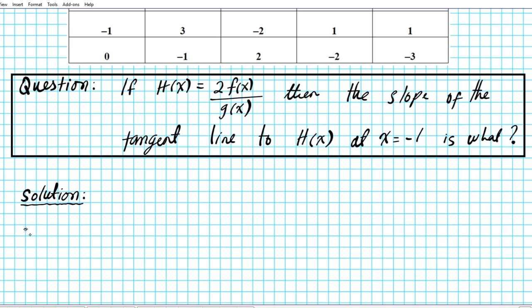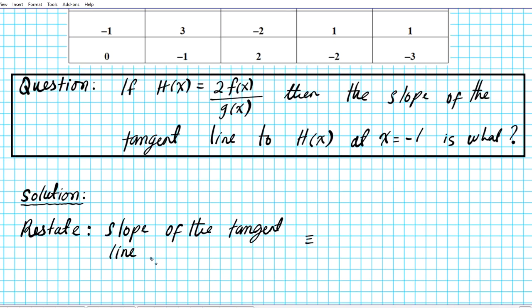So let's go ahead and do that. We're going to restate the problem in a way that reveals the process that we need to follow to get the desired result. So the slope of the tangent line is the same thing as, is equivalent to the derivative.